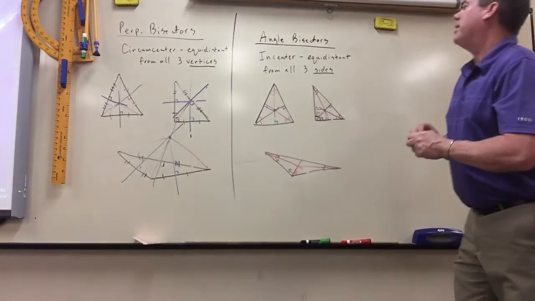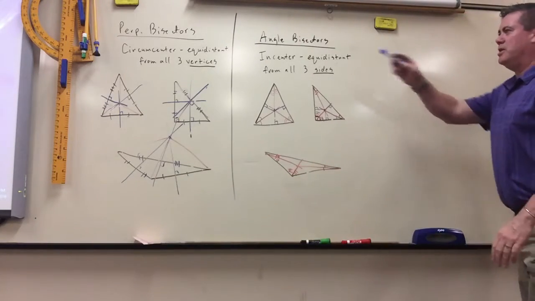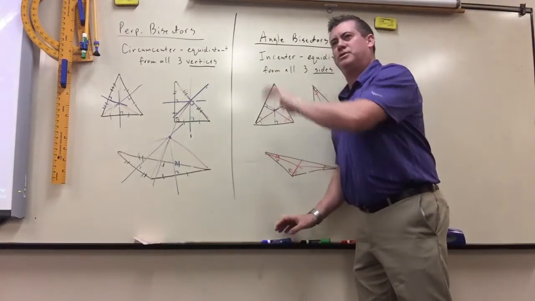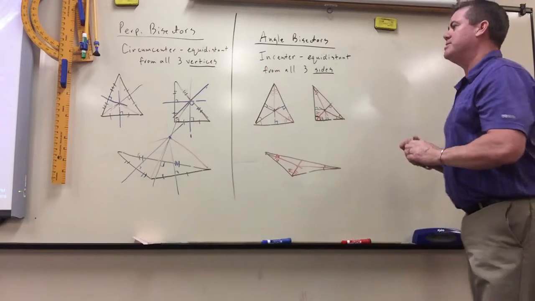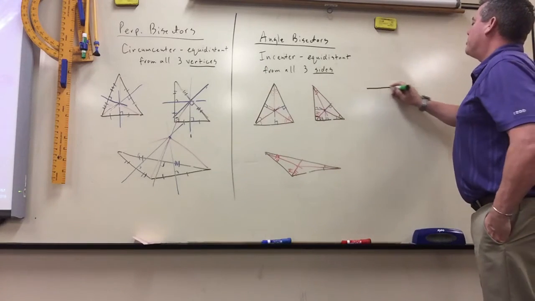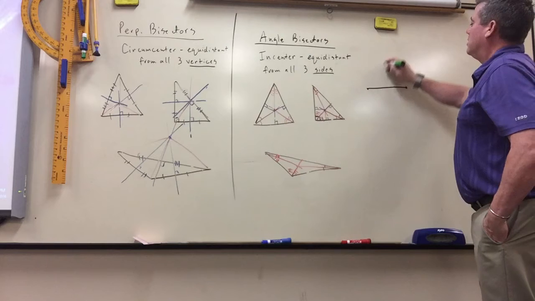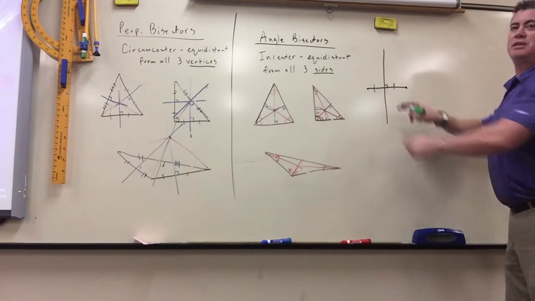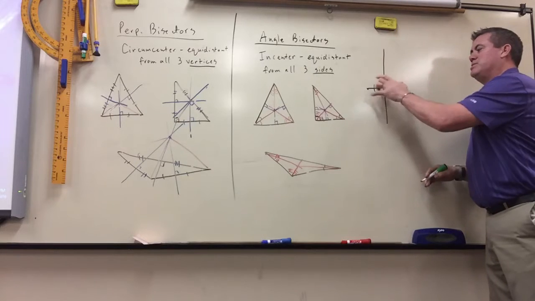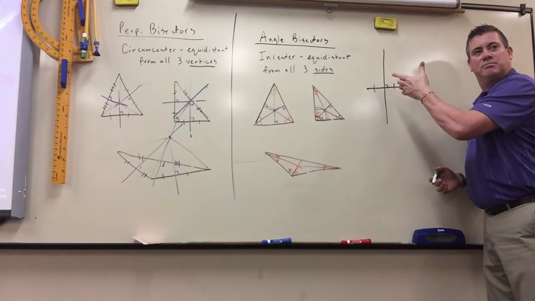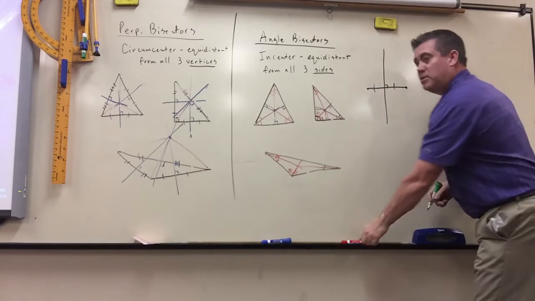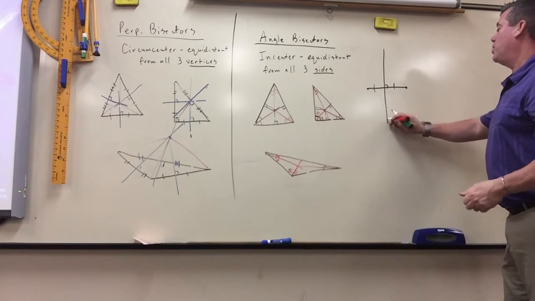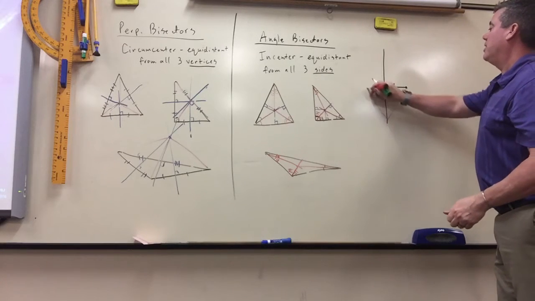Now, the thing you need to know about these two, and I'll show you some examples when we do them, is anytime you have a perpendicular bisector, any point on this line is equidistant from the two endpoints. Remember, that's the very first thing we learned. So no matter what point you pick, they're going to be equidistant.